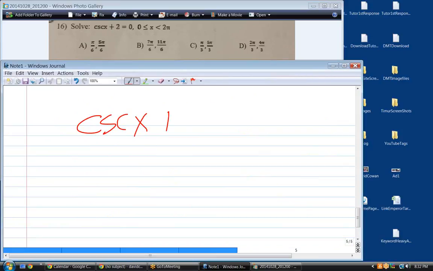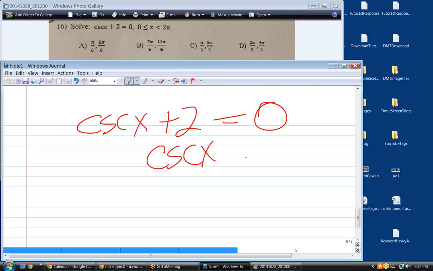Cosecant x plus 2 equals 0. Cosecant x equals -2. And then there's also choices on how to handle this.